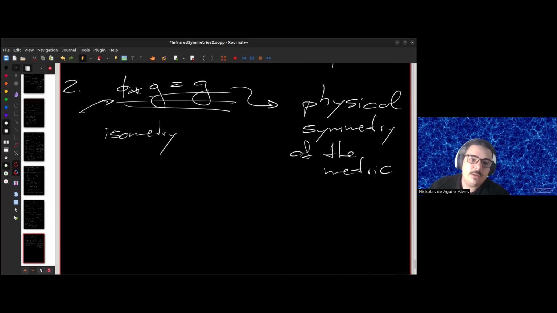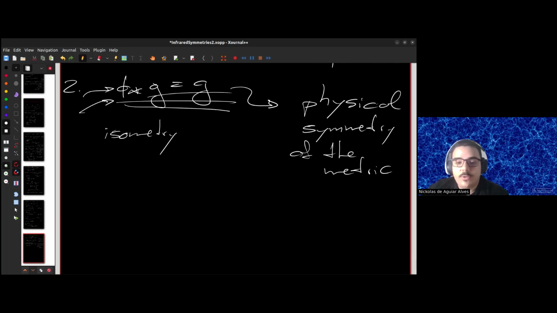So in particular, you can now bring together all of the phi's that do this and make up a group with them, where the group product is going to be the composition. So you have some phi1 times phi2, and this is going to be the group product you have. And the group of all phi's with this product here is going to be a symmetry group for your space-time.